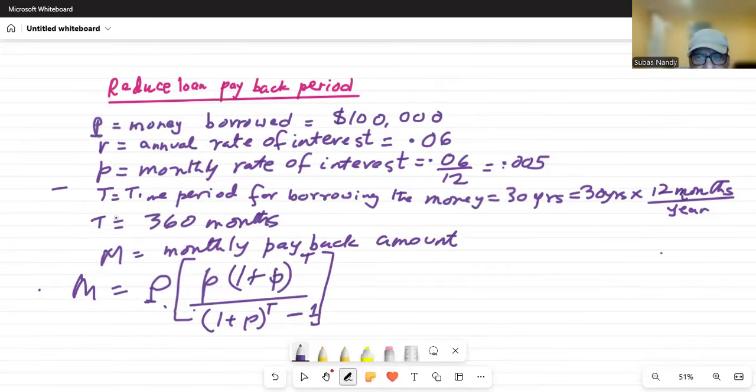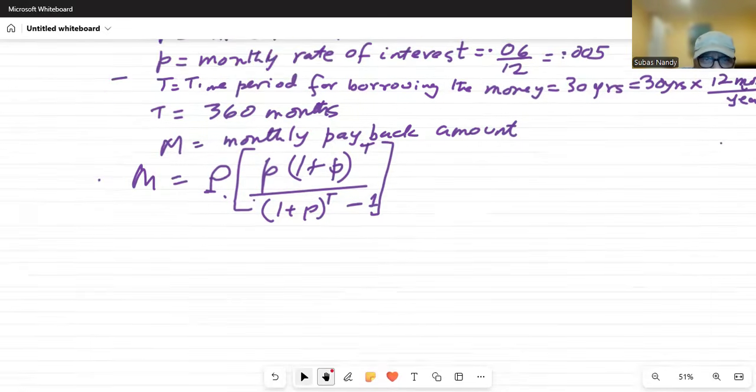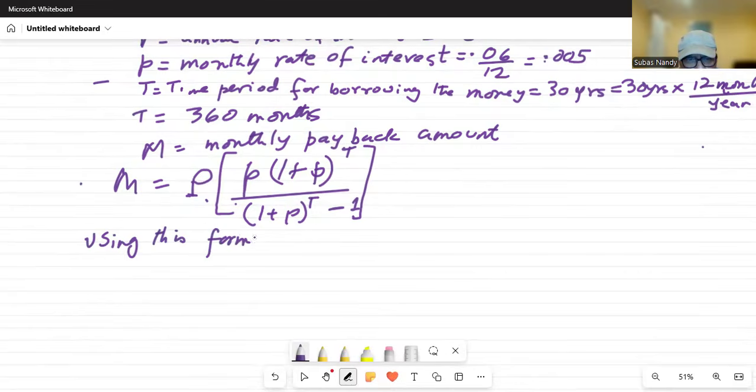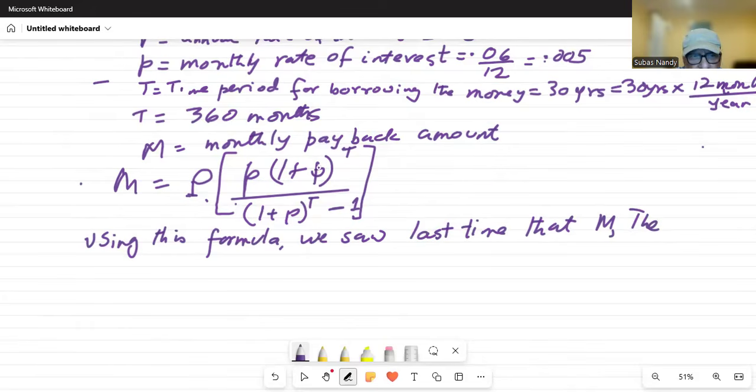Now, using this formula last time, we saw that the monthly payment, that M, is about $600.